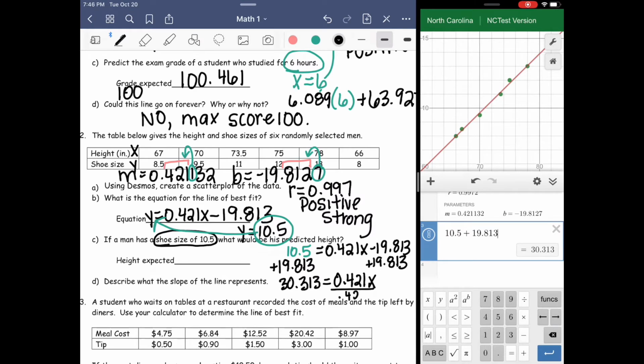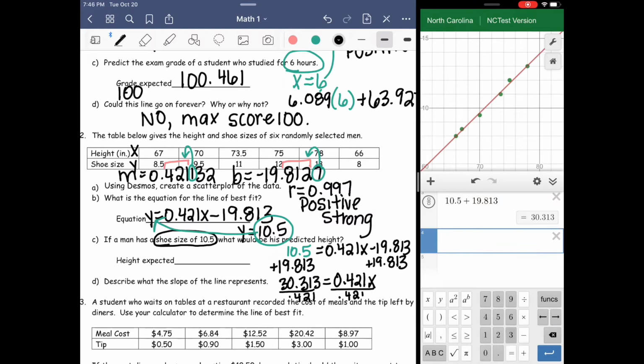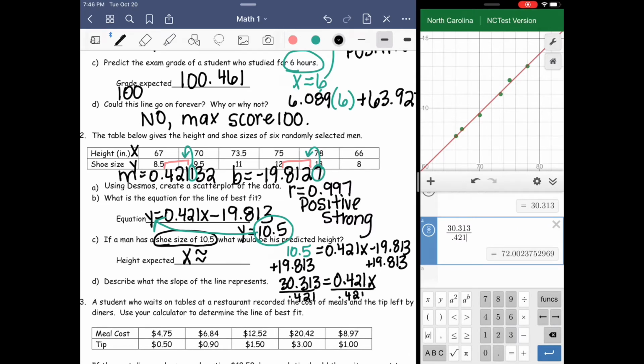And I have 0.421x, so I'm going to divide by that 0.421. And I get that x is approximately 72.002. So we'll just leave it 72.0.